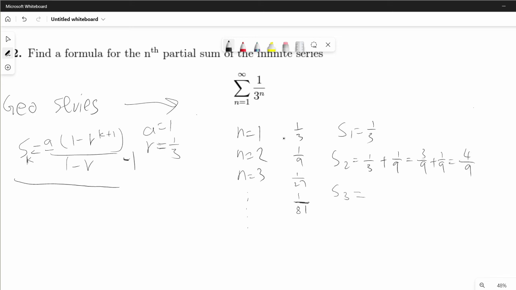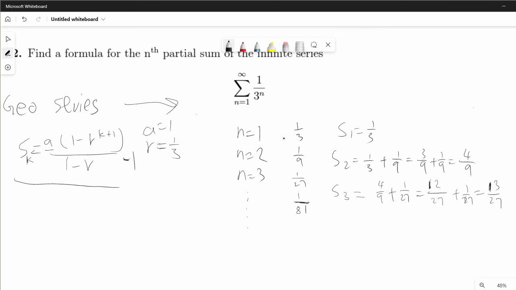S3 will be S2 plus the new one, so 4/9 plus 1/27, which equals 13/27.